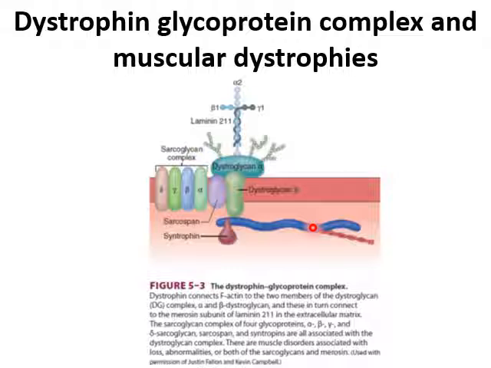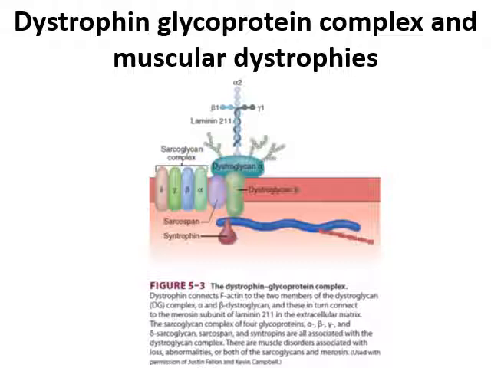Disruption, absence or any mutation in this dystrophin glycoprotein complex leads to several types of muscular dystrophies. By definition, muscular dystrophy is a disease that causes progressive weakness of skeletal muscles and cardiac muscle. The most severe form of muscular dystrophy is Duchenne's dystrophy, in which there is a mutation which leads to complete absence of dystrophin protein.